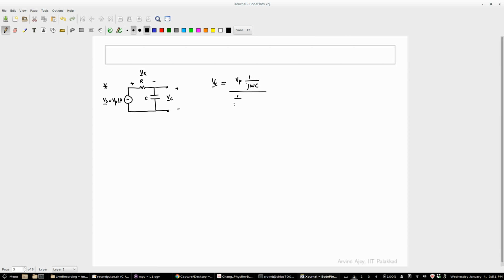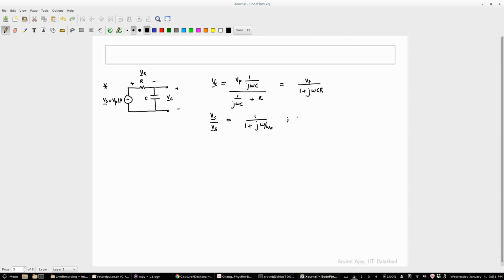So the expression for VC is just a voltage divider. So you're going to get VC equal to Vp divided by 1 by j omega C, divided by 1 by j omega C plus R, which would effectively be Vp divided by 1 plus j omega CR.